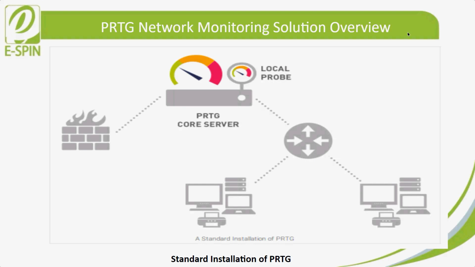What is a probe? A probe is the part of PRTG that performs the actual monitoring. There are three types of probe in PRTG. First, the local probe, which is on PRTG on premises. Second, the remote probe, used when you're using cloud monitoring.